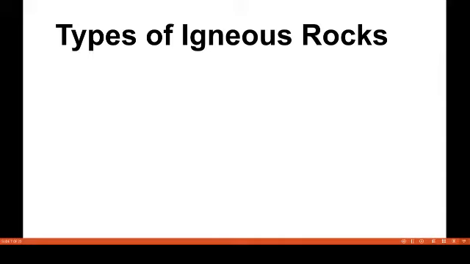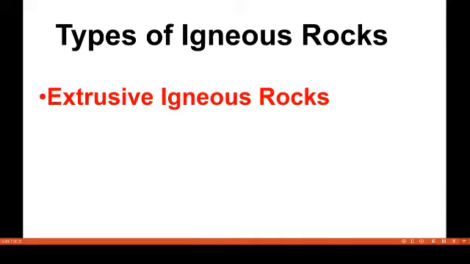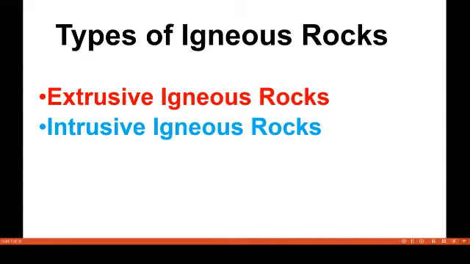Let us look at the types of igneous rocks. Broadly, we divide igneous rocks into two types, namely extrusive igneous rocks and intrusive igneous rocks. Extrusive igneous rocks are those rocks which are born due to solidification of lava on the surface of the Earth.